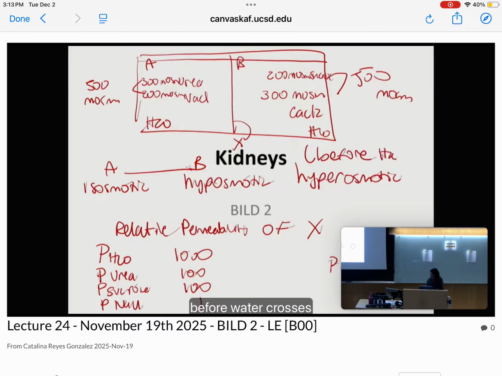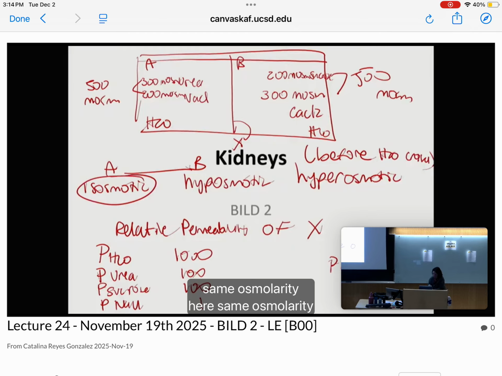I'm going to write it here. What do you guys think? Isosmotic. Same osmolarity here, same osmolarity here, before anything is crossing at time 0.